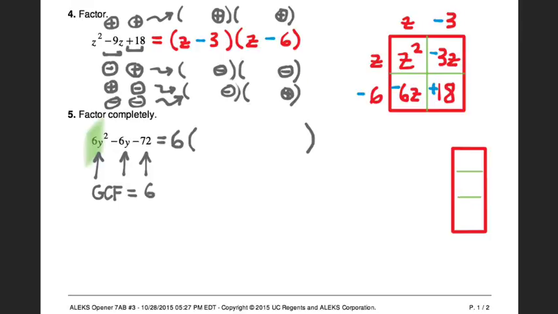So for that, I'm just going to make this little Kit Kat bar over here. 6y squared minus 6y plus 72. We've now said that we can factor a 6 out of all three of these. And so what's going to be left over? 6 goes into 6y squared how many times? 6 times what is equal to 6y squared? Y squared. Right.